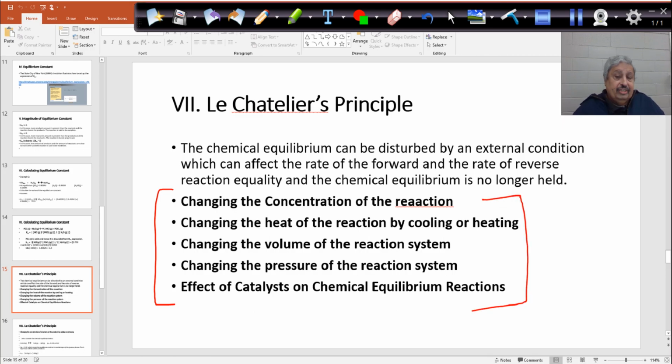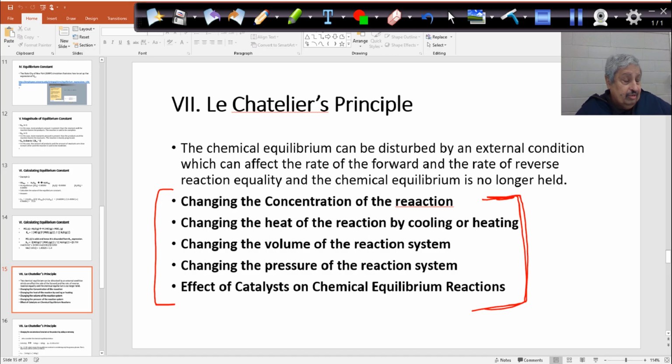If I start changing the concentration of the reactants, correct, that's a condition that can affect this chemical equilibrium. Changing the heat of the reaction by heating or cooling, changing the volume of the reaction system, changing the pressure of the system, adding a catalyst.